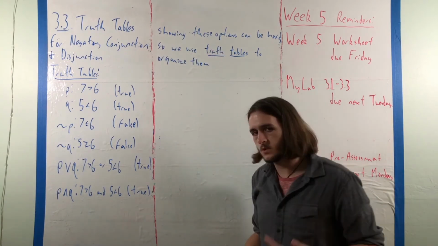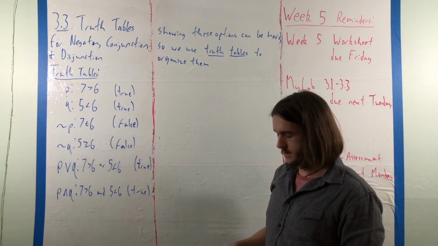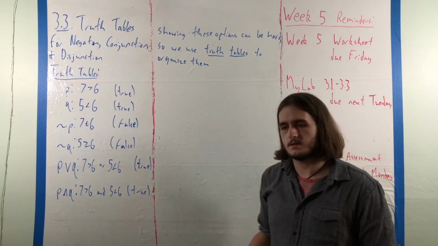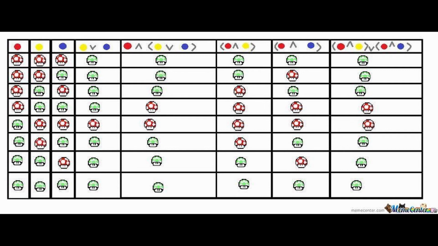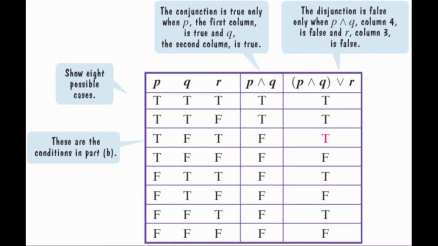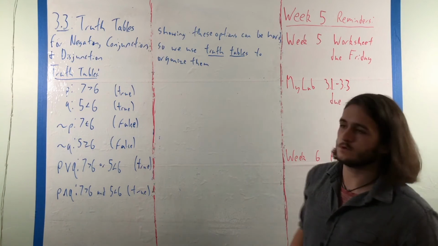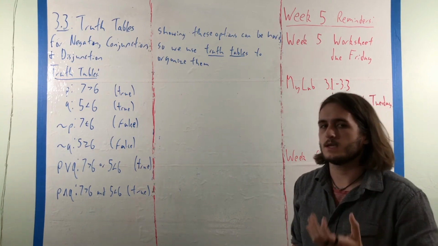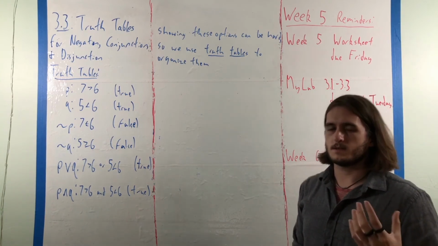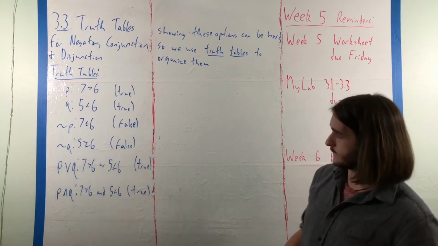A truth table is basically a diagrammatic representation of the options for a given statement or modified statement, or conjunction, disjunction, what have you, some arrangement of statements into a compound statement, so you can see when things are true or false.